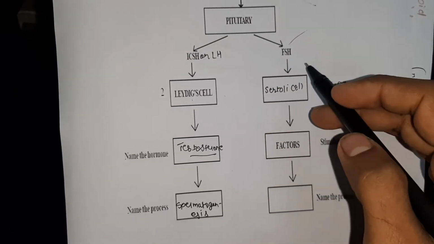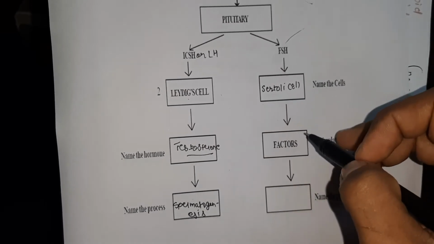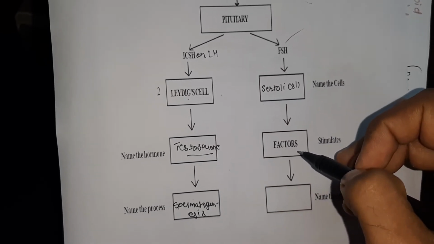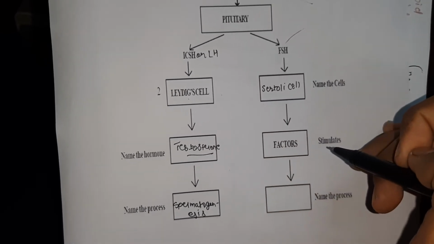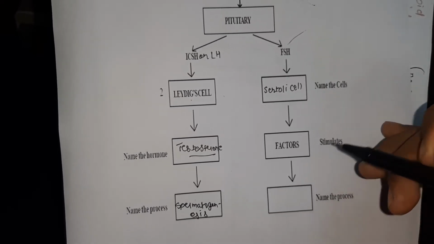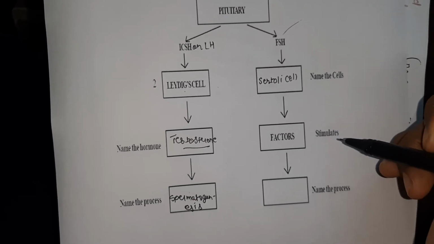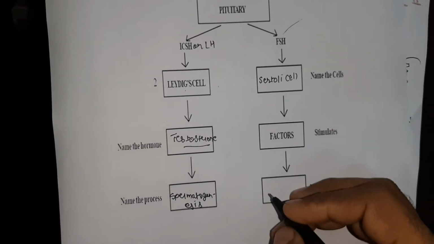On the other hand, the follicle stimulating hormone will act on the Sertoli cells which release certain factors, and these factors will help to transform the spermatids into spermatozoa.